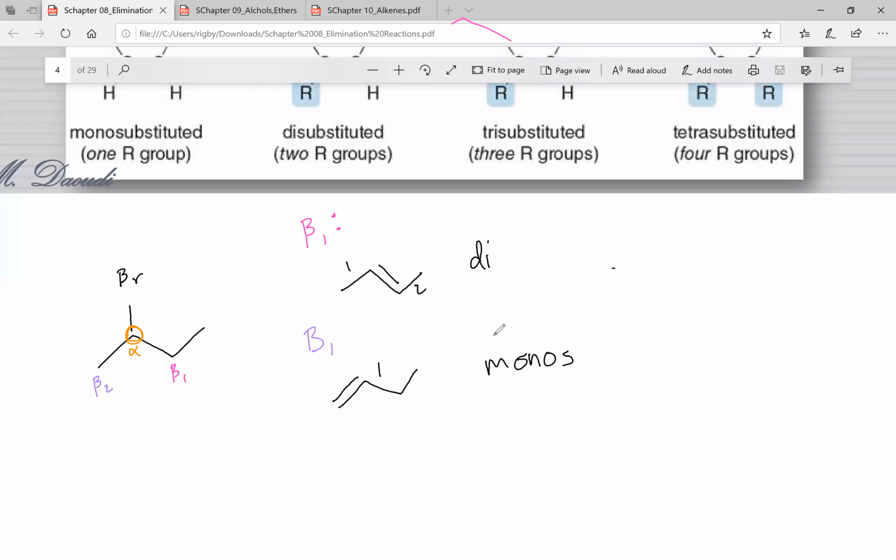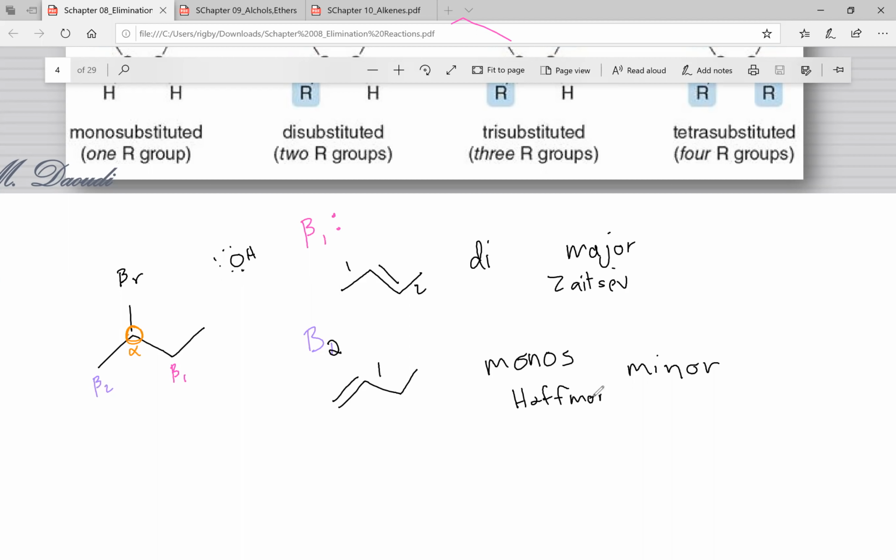So the beta 1 product is going to be more stable, and thus, if we are using a small base, which is most bases like OH, then the beta 1 product will be our major product. The beta 2 product will be our minor product. We also call this more stable product the Zaitsev product, and we call the less stable product the Hofmann product.